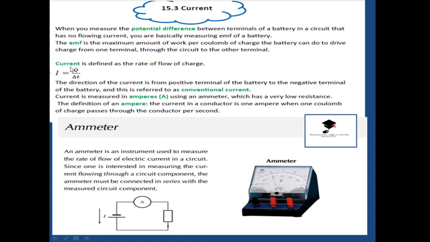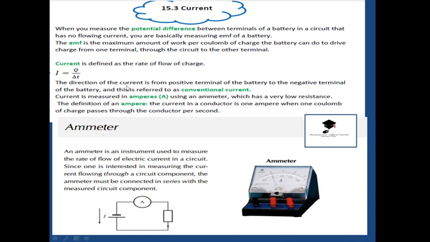If you look at what has been defined here, we said current is defined as the rate of flow of charges. We represent current with I, which is equal to the charge per change in time, which is here.